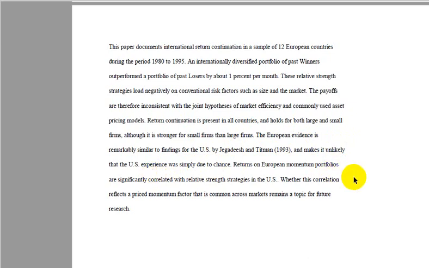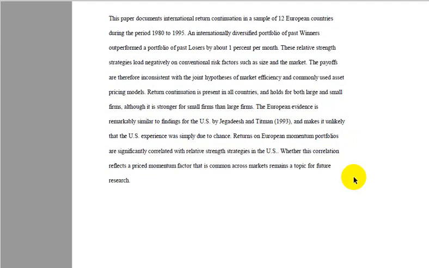And it seems that the returns of European momentum portfolios are highly correlated with the relative strength strategies in the U.S. So there seems to be a common factor across these markets that's causing those momentum strategies. But that may be something that other researchers can look at in the future.